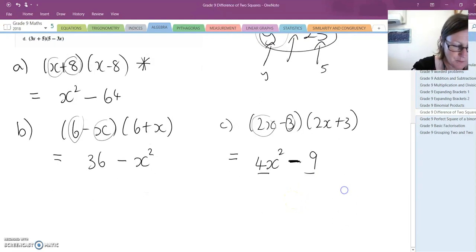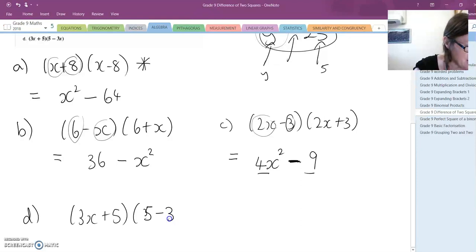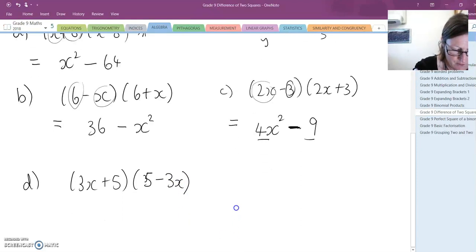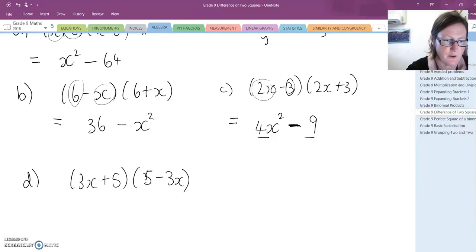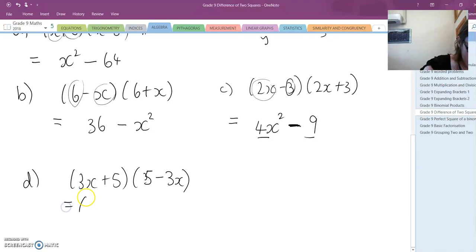Our last example. Let's look at what's in the brackets. Yep, what's in the brackets is exactly the same except for the sign. Okay, so if you can't recognise that it's exactly the same except for the sign, let's look at this first bracket.